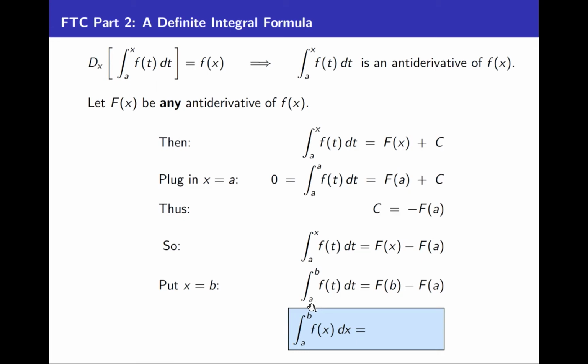What we get is the integral from a to b of f of x dx equals big F of b minus big F of a. So we've concluded that if big F is any antiderivative of little f, then the integral from a to b of little f of x dx equals big F of b minus big F of a. That's the Fundamental Theorem of Calculus, Part 2.